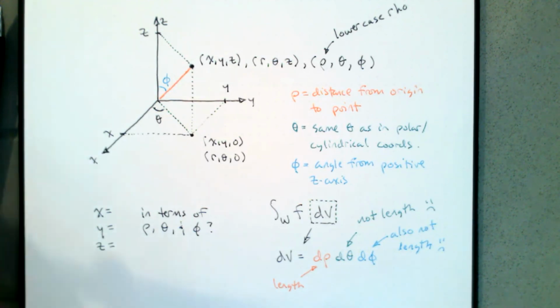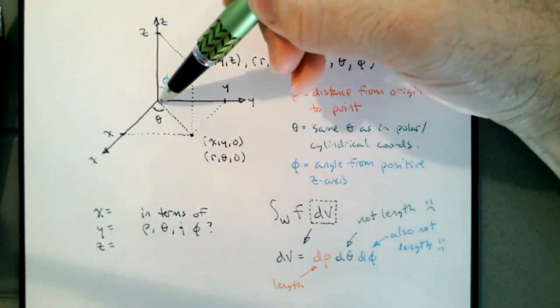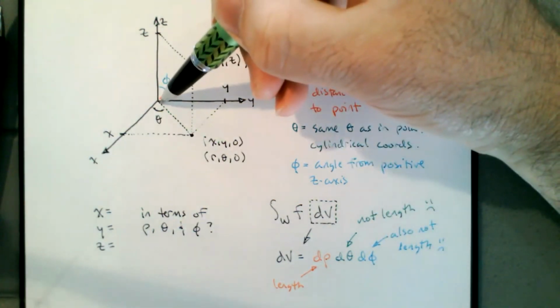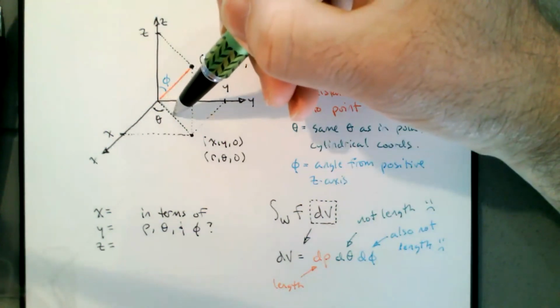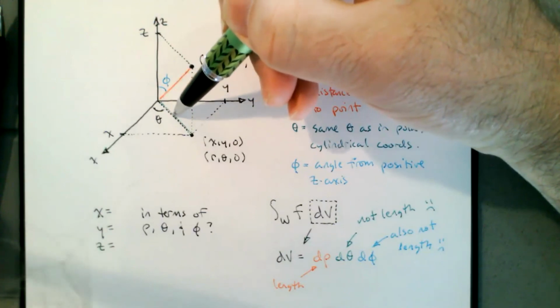Now, to turn d theta into a length, d theta is dependent upon this length down here, how far we are from the origin in the xy plane, down here on the floor.